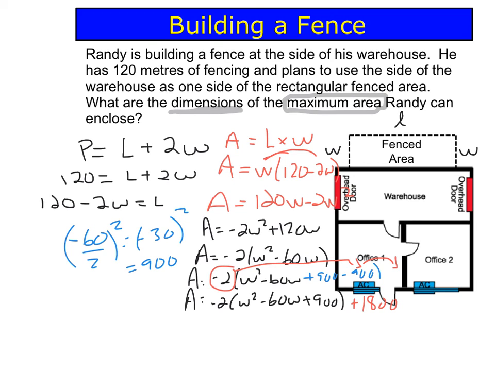Now just factor it. Negative 2 bracket W minus 30 squared plus 1800.